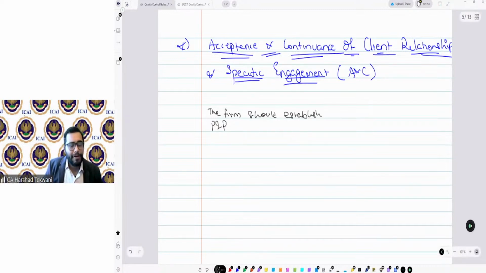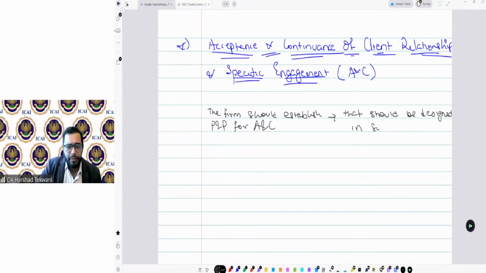So SQC1 says the firm should establish policies and procedures for ANC that should be designed in such a way that it provides reasonable assurance.